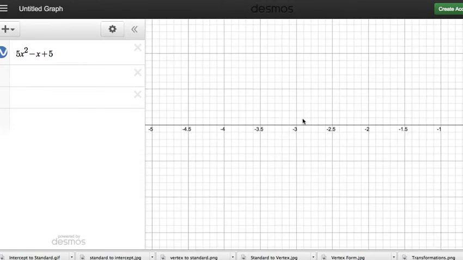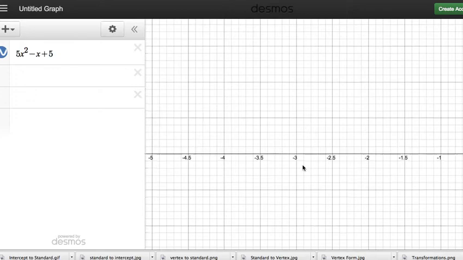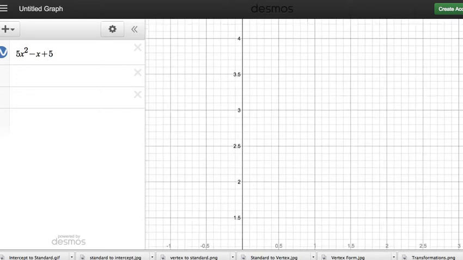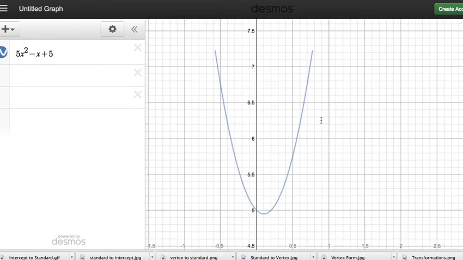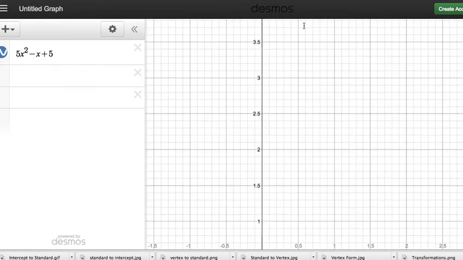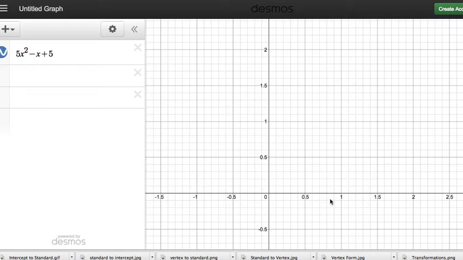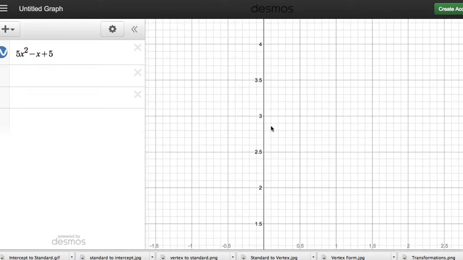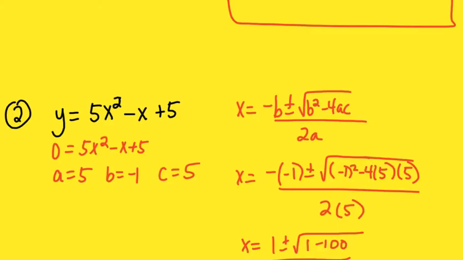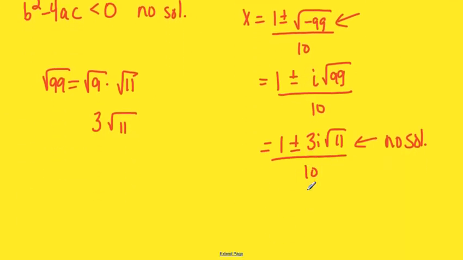Let me see if I can get it to zoom out. I can't, but there it is. Here's the x-axis. There's no x-intercept because if I go up, you can see that right there's the parabola, and it's pointing up, so there's no way it could touch the x-axis. So that's why you have a negative under the radical, because there are no x-intercepts.